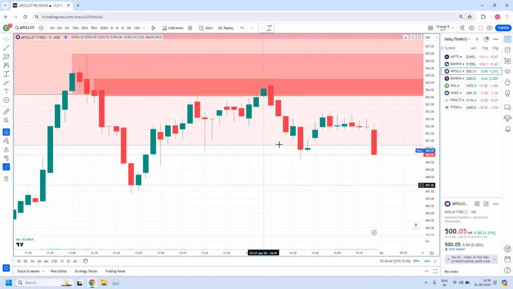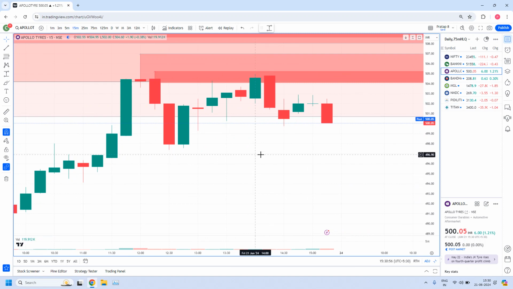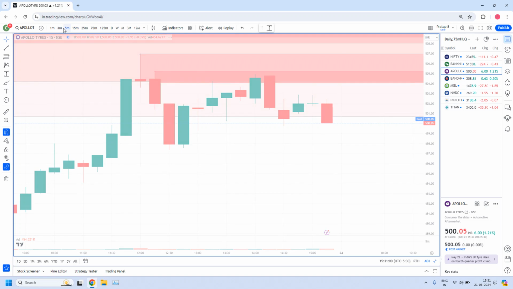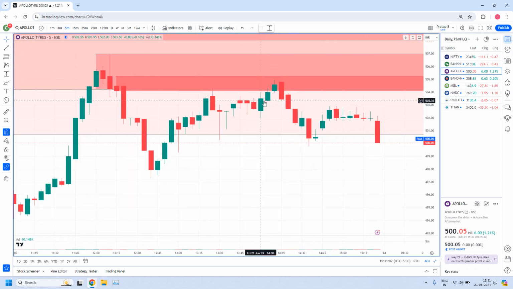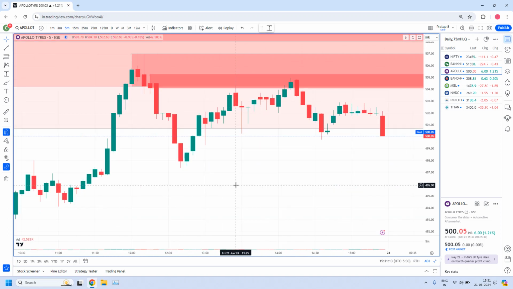When prices entered into this zone at 14:10, during the last one and a half hours, this is good enough. Only you have to keep a target at your 5-minute level, because a 15-minute target is not available.